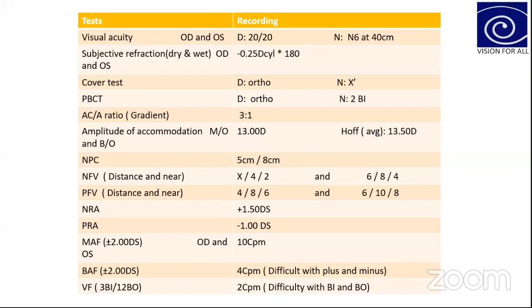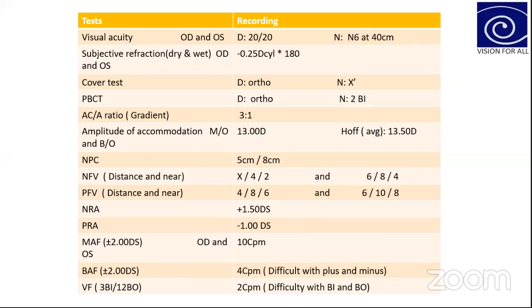Here the monocular accommodation facility was absolutely fine. See the binocular accommodation facility, it has only 4 cycles per minute, and the patient has difficulty with the plus and minus lens. So both convergence and divergence are poor.